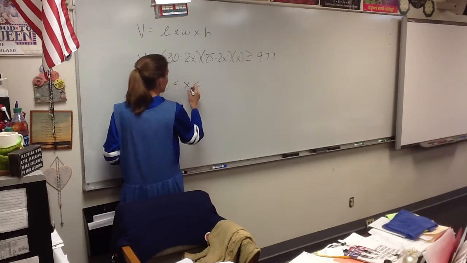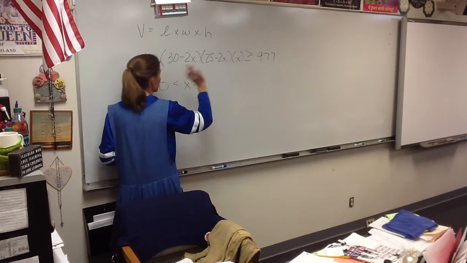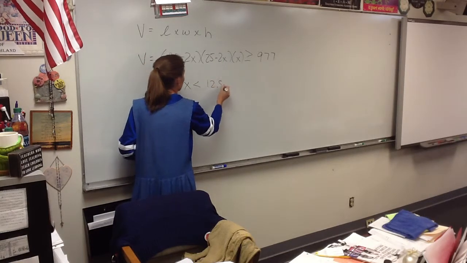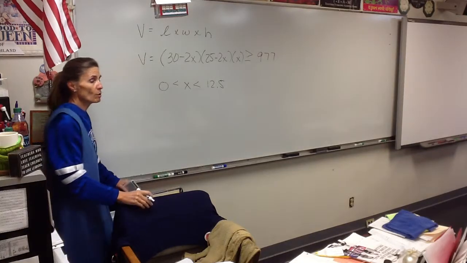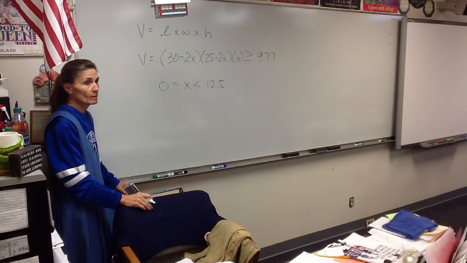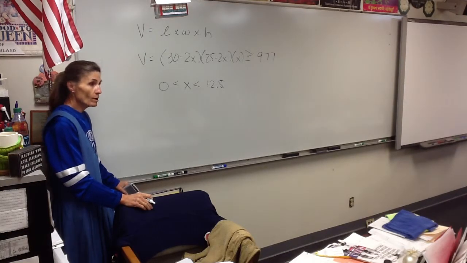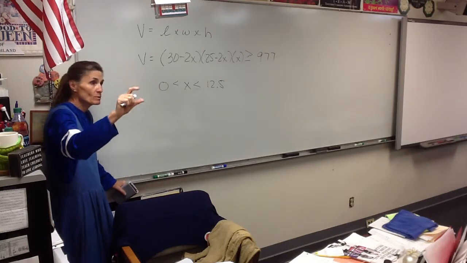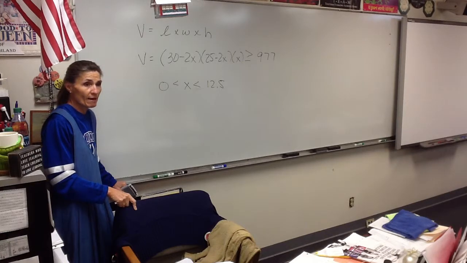No, we're talking about x now, not the volume. The volume's 977. That has nothing to do with x. It's between 0 and 12.5. And why is it between 0 and 12.5? Your paper's only 25 wide, and if you're going to take a chunk off both sides, it can't be bigger than 12 and a half.